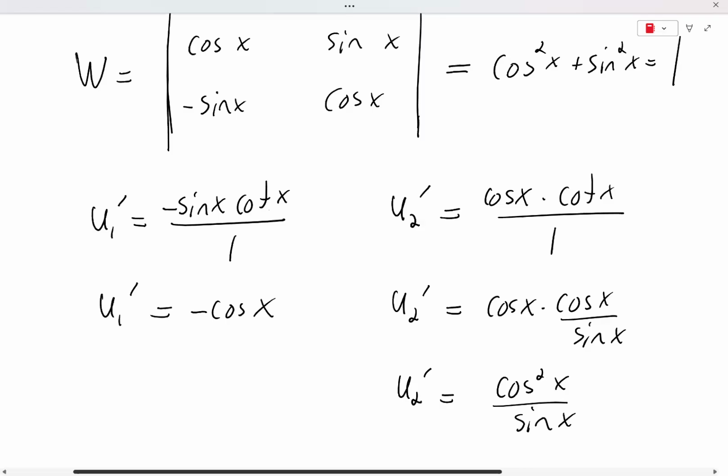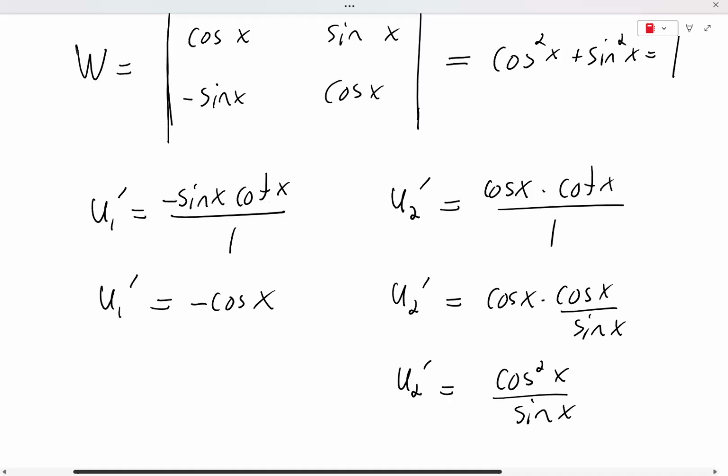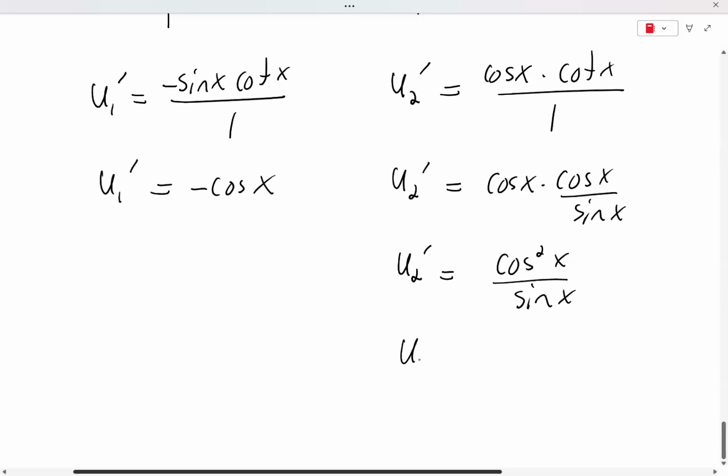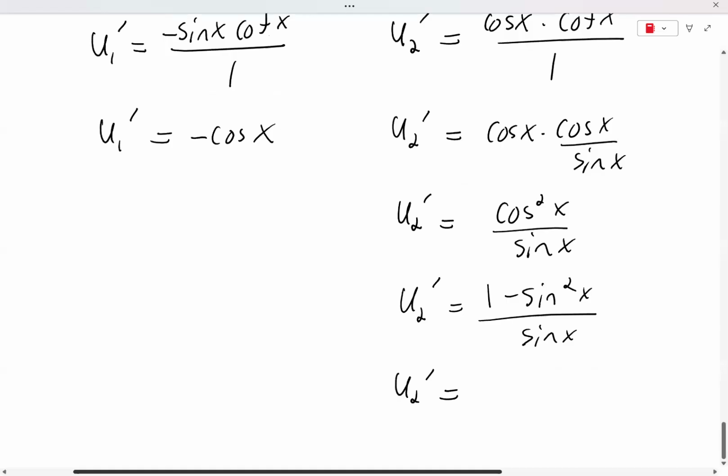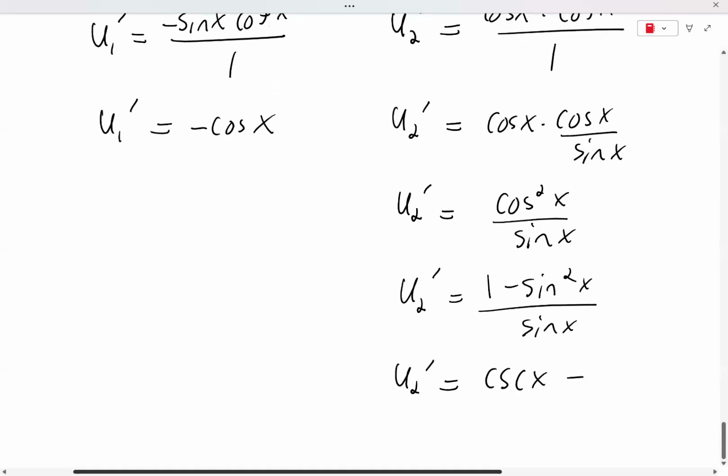What you could do here with the cosine squared is write it as 1 minus sine squared. So you get 1 minus sine squared x over sine x. This becomes cosecant x minus sine x, like this.